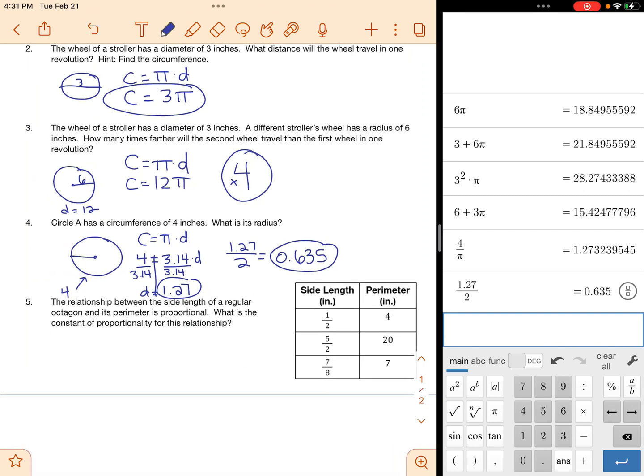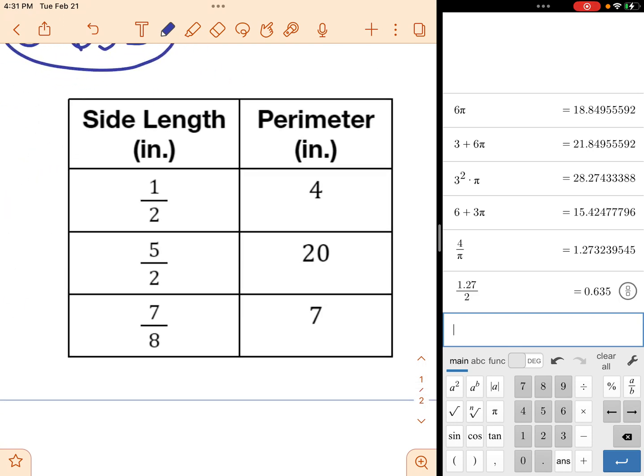Okay, last one, number 5. The relationship between the side length of a regular octagon and its perimeter is proportional. What is the constant of proportionality for this relationship? So remember, constant of proportionality is thinking what? So 1/2 times what gives us 4? Or 5/2 times what equals 20?